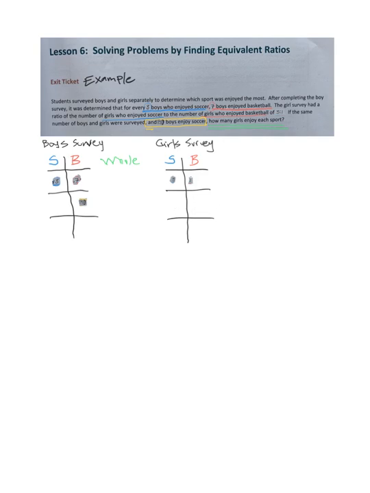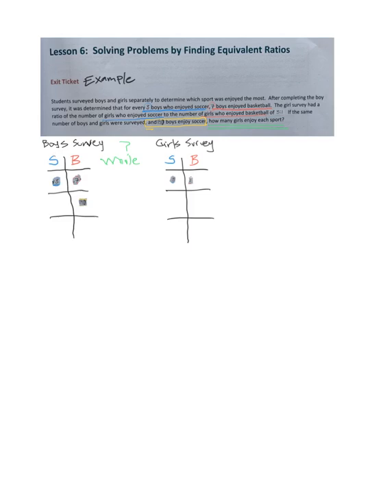But in order to know that, we have to figure out, well, what is the whole? What is the total amount of students being surveyed? Because they don't give us a missing side for either one of these. So if we don't know the total amount surveyed, we won't know how high we have to bring those numbers up to.